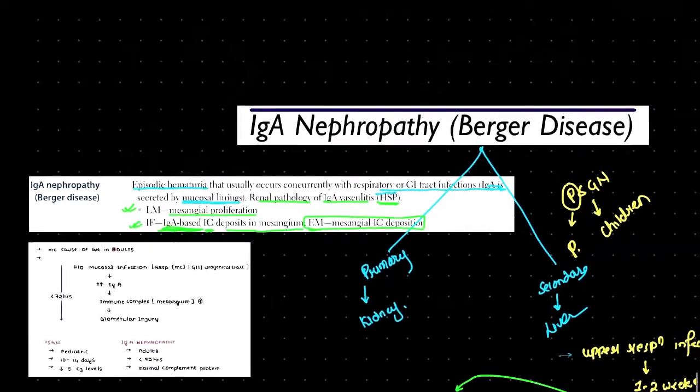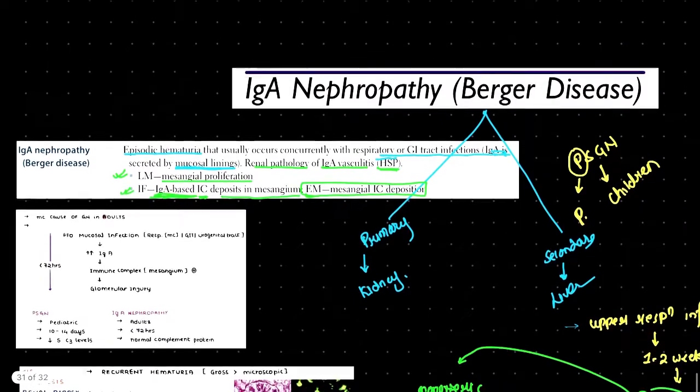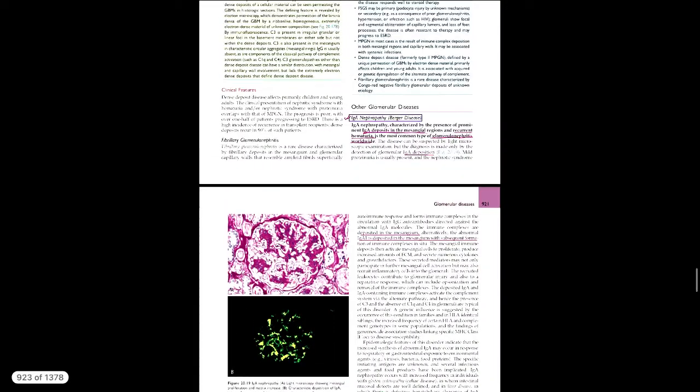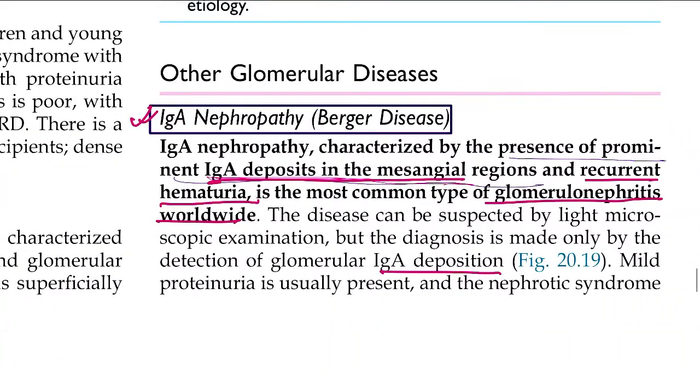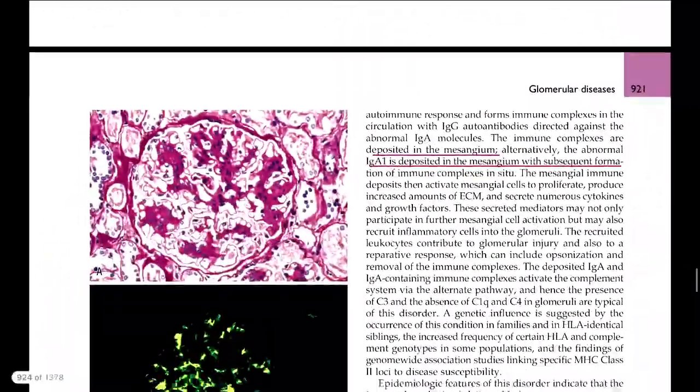So this was about IgA nephropathy or Berger disease. Now moving toward the content of Robbins, we'll see that there is IgA deposition in the mesangial region, and recurrent hematuria is found here, and this is the most common type of glomerulonephritis worldwide.